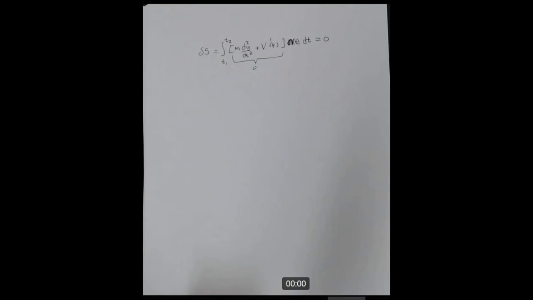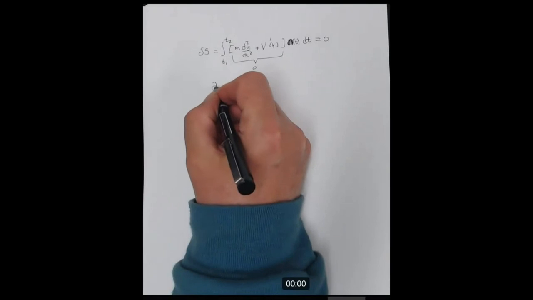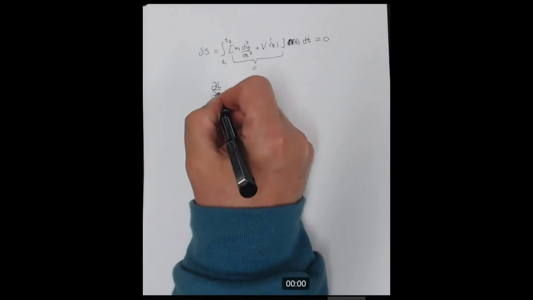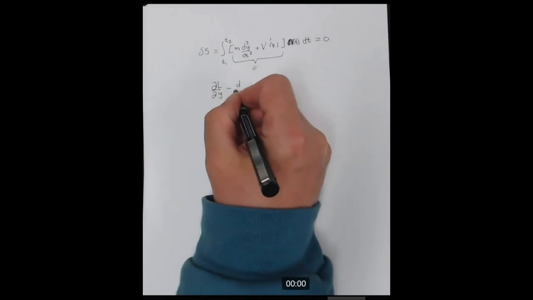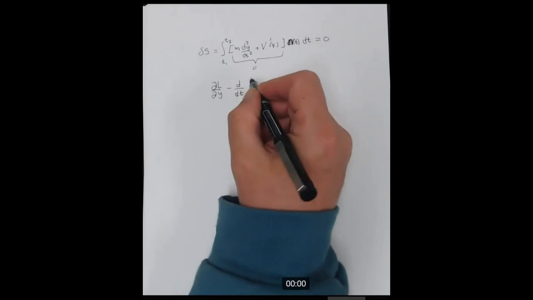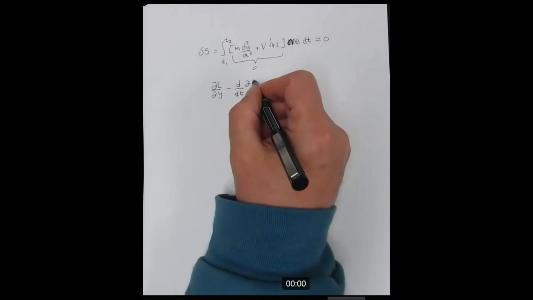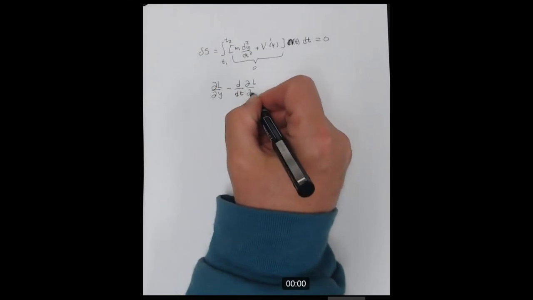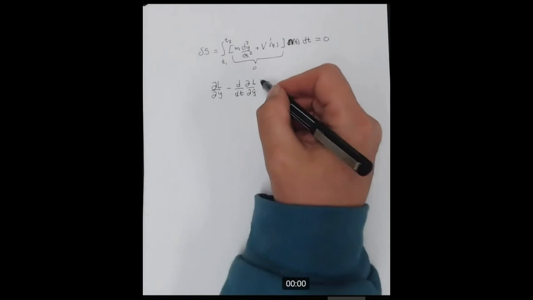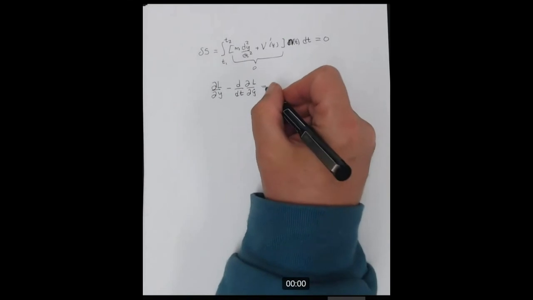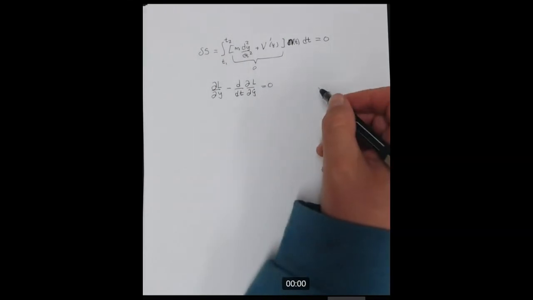So now I want to show you that that's equivalent to saying that this is Euler's equation, but we have for our functional here the Lagrangian. So I want to show that this is equivalent to that.